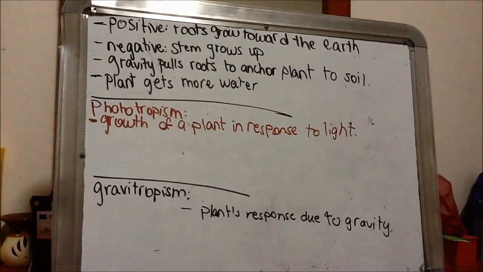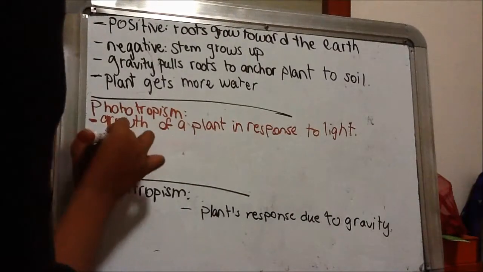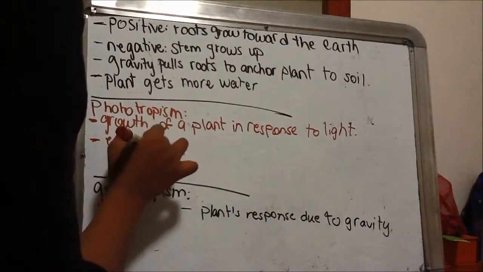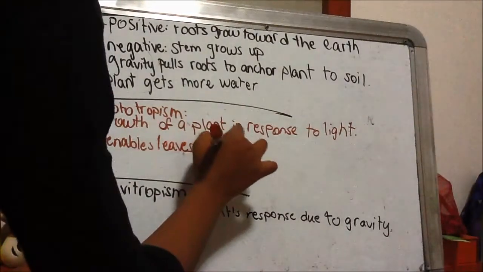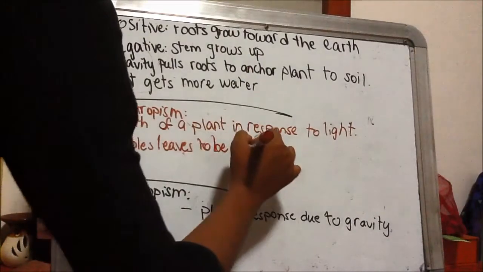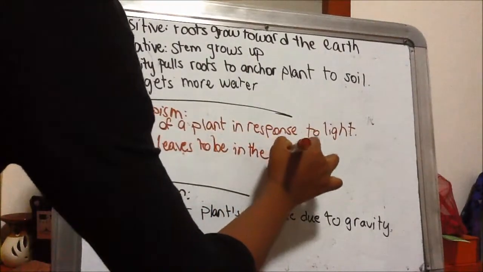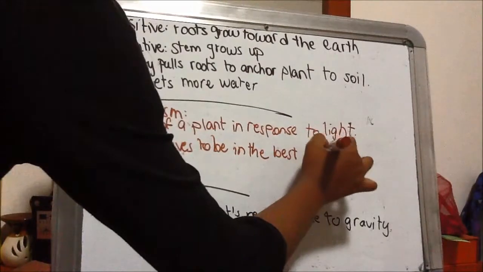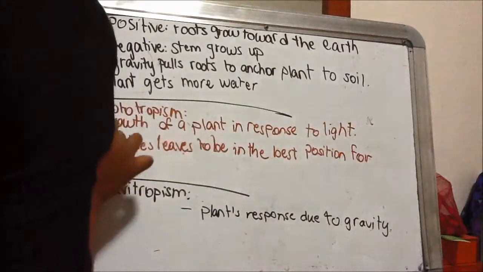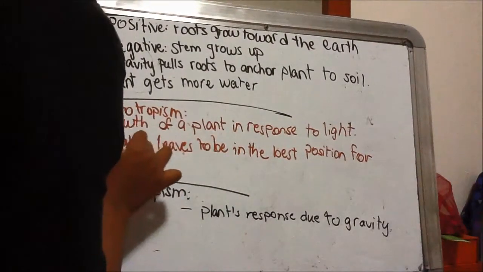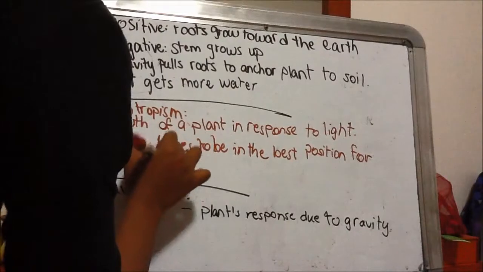The importance of phototropism is that it enables the leaves to be in the best position to receive enough light for photosynthesis. Now, I'm just going to write that. It enables leaves to be in the best position for photosynthesis.